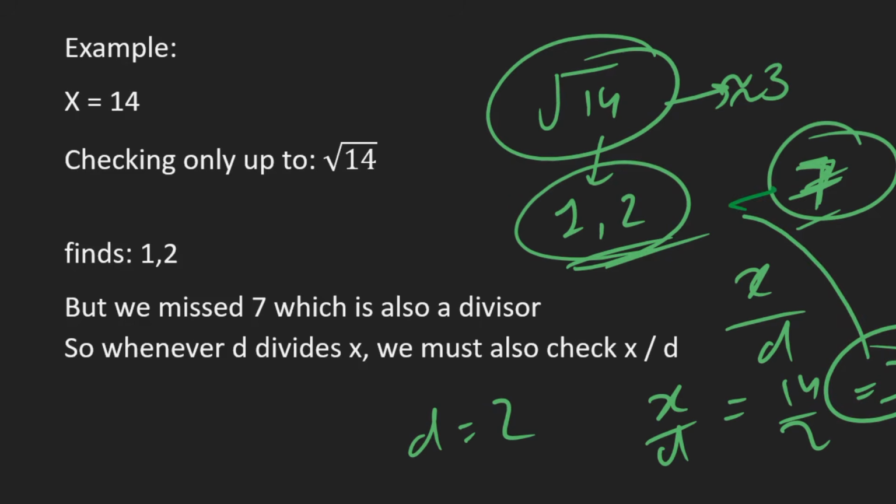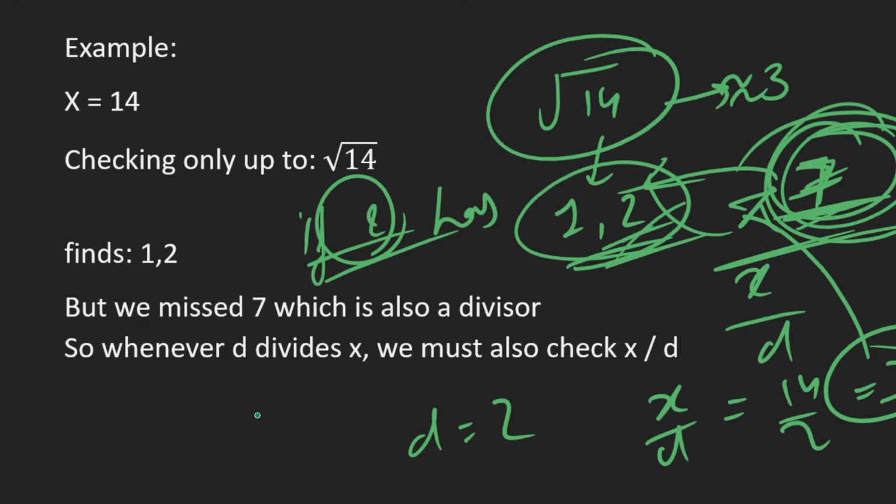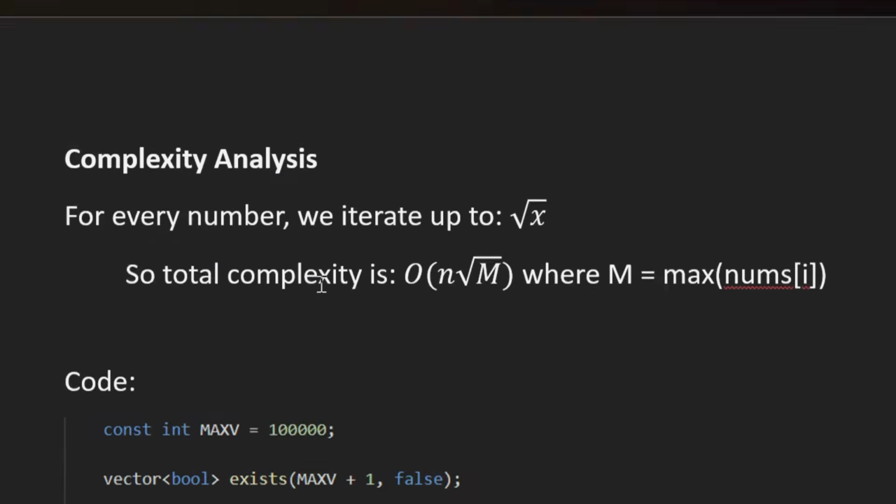So we are not missing 7, and we take 7 as the answer because 7 is present in the array while 2 is not. If 2 were present, then we could have taken 2 and replaced 14 with 2, right? So that's why we are checking both d and x by d, so that we do not miss these cases.